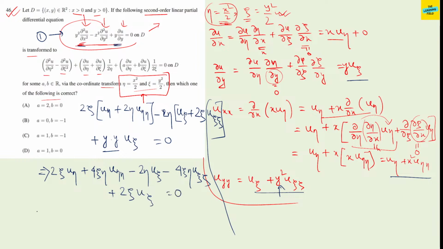This is 0. Now take common 4ξη. Fine. If we take common 4ξη, u_ηη minus u_ξξ.